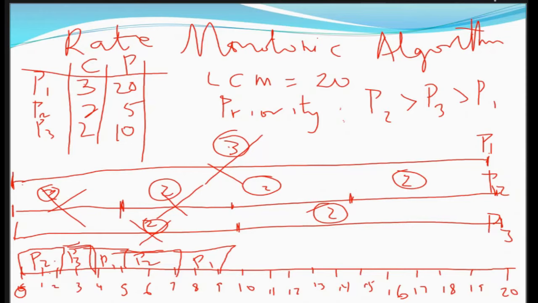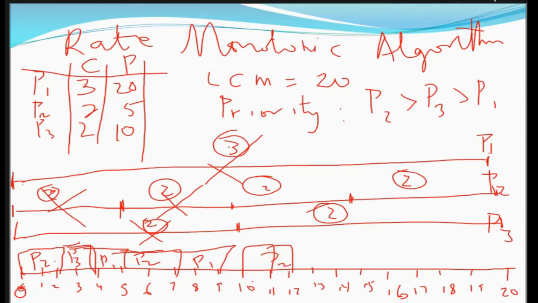Now we come to 10. At 10, the cycle for P2 begins, the cycle for P3 begins. But which one has the highest priority? Exactly. So we schedule P2. It's up to 12. So I'll call this P2.